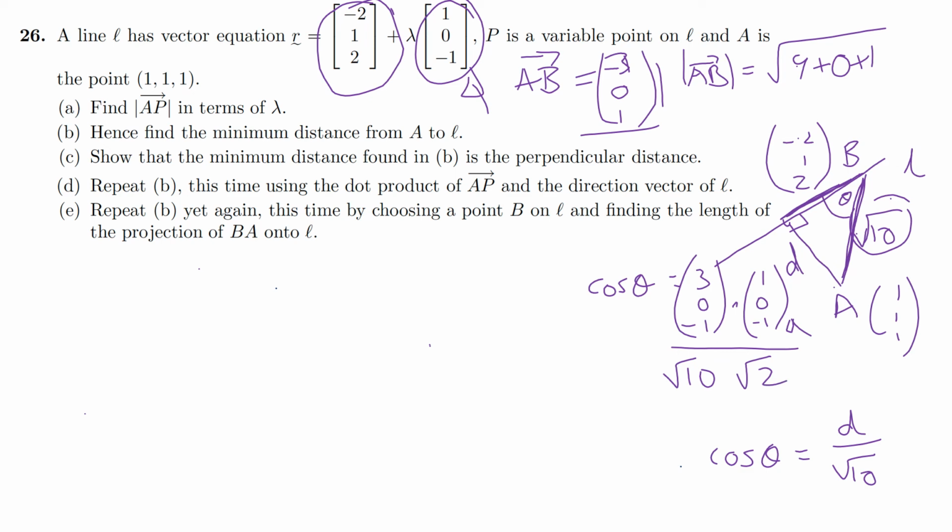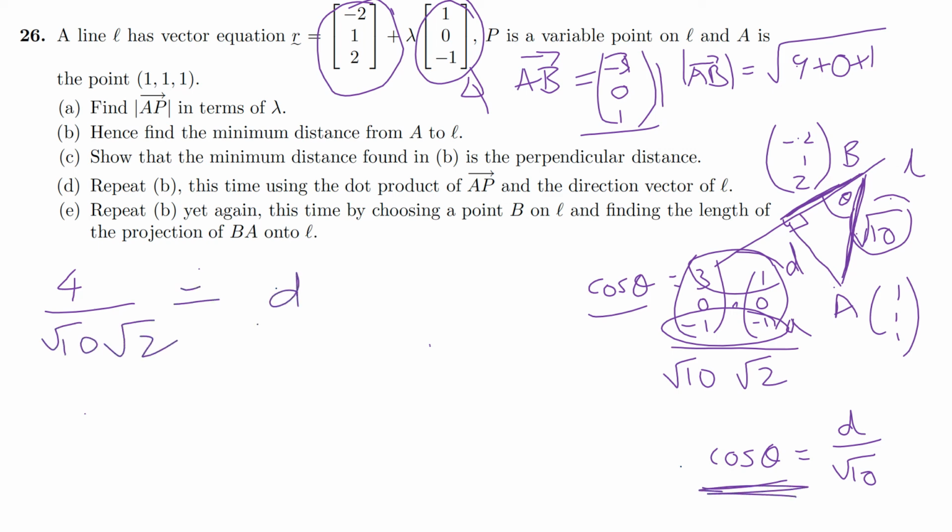If I equate these two, this is by derivation; you might just be using a straight formula, and that's fine as well. When I do that dot product, I get 3 plus 1, so I get a 4 over root 10 root 2, and on the other side I get d over root 10. So those root 10s will cancel, and the distance will be 4 over root 2, which times root 2 over root 2 is 2 root 2.